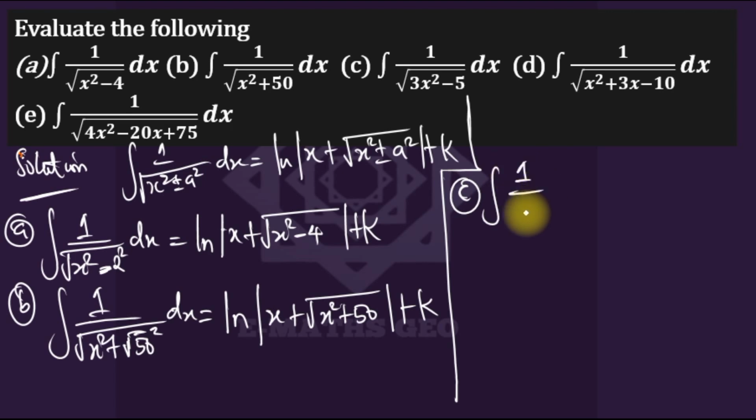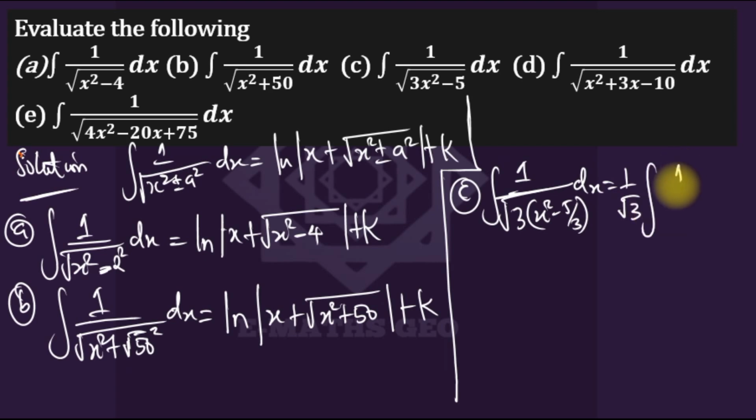the integral of 1 over the square root of 3x squared minus 5. Remember, if you check, the coefficient of x squared here is not 1, so we need to make the coefficient 1. By factoring 3, I have x squared minus 5 over 3 dx. And we know the square root of 3 is root 3, so we'll bring out the root 3.